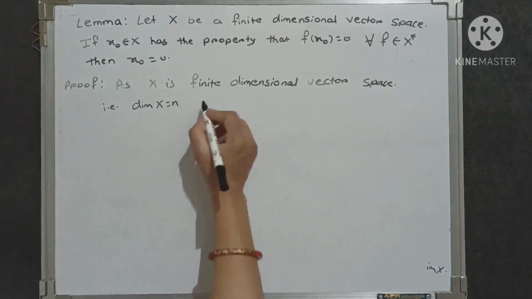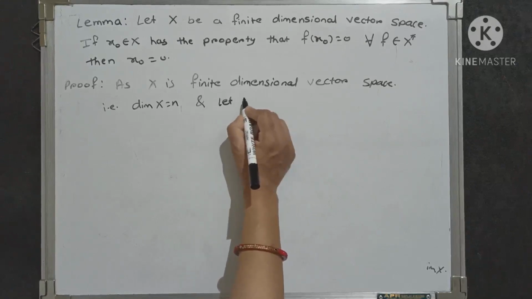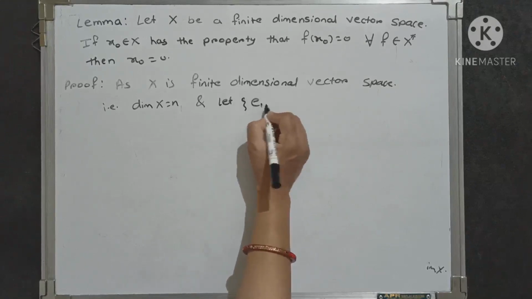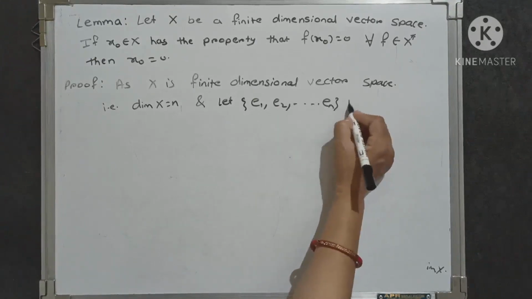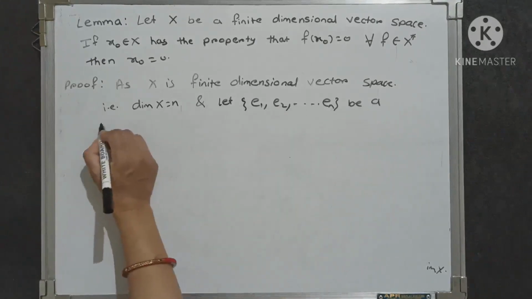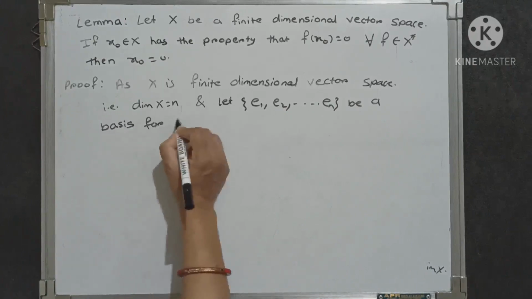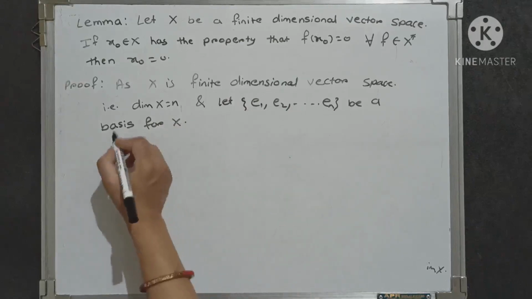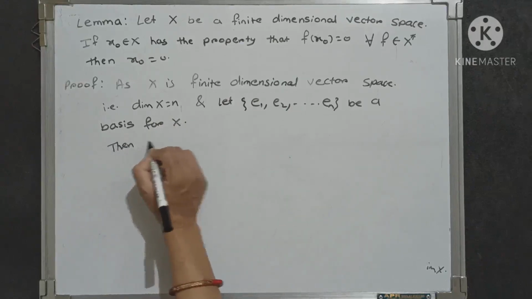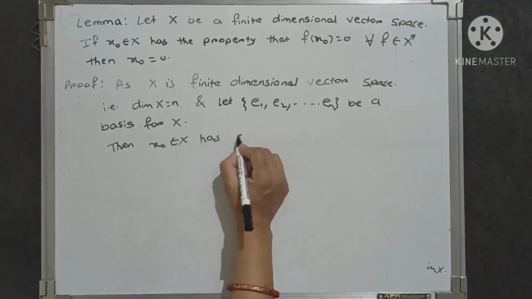Therefore, it has a basis, and let the set containing e1, e2, up to en be a basis for capital X. As it is a basis for capital X, then x naught belonging to capital X has a unique representation.